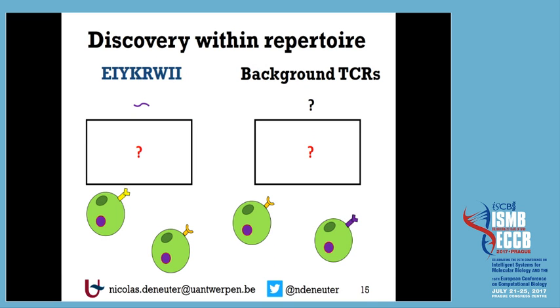So we challenged ourselves a little bit further and made the problem a little bit harder. This time we started from a more diverse repertoire, where T cells could either bind this specific epitope or another epitope that wasn't known. And we repeated this for both epitopes that we had.